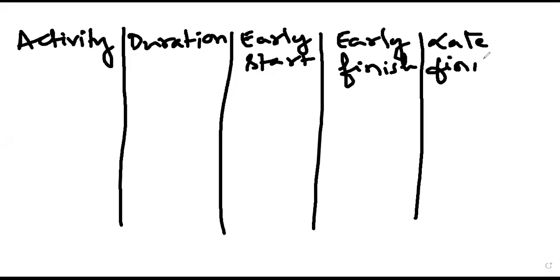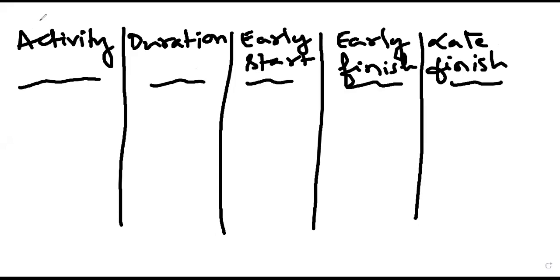These are the different parameters. Now, in any of the problems, do we find these columns, or have we solved for early start, early finish, late start, and late finish? I'm asking because we need to solve one more problem that should be considered as a practice problem.